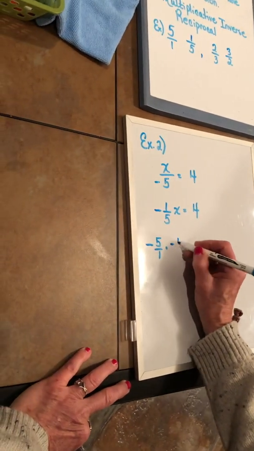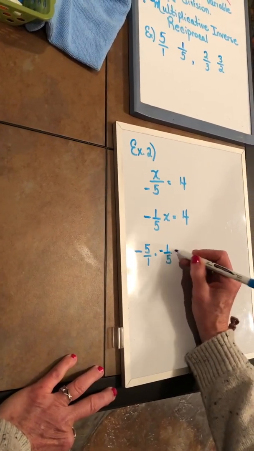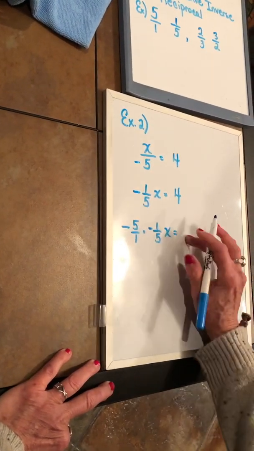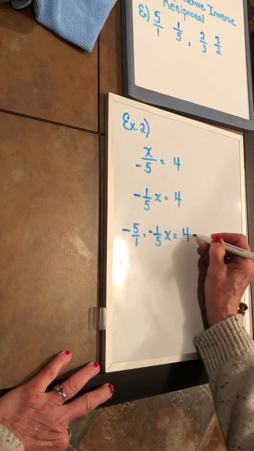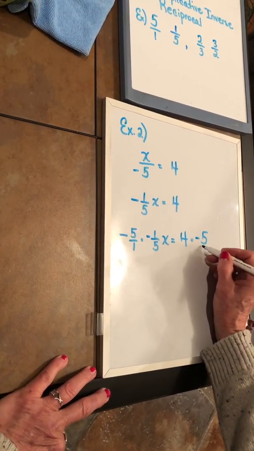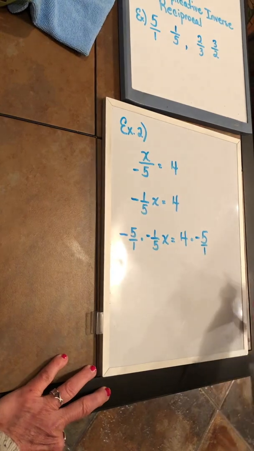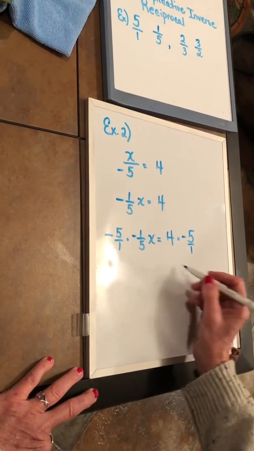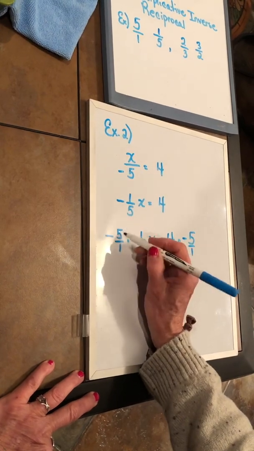Times a negative 1 over 5, x. And now what I did to one side, I have to do to this side. 4 times negative 5. Again, I don't have to put it over 1 here. I will just to show you, but you really don't need to because that's over 1. All right, so let's look. So now we can cancel these 5s out.